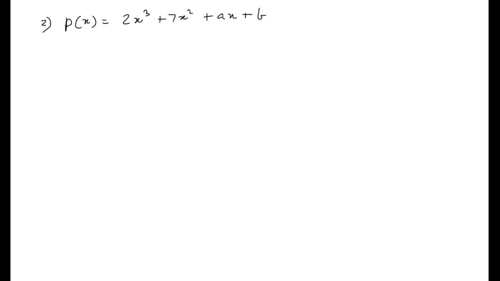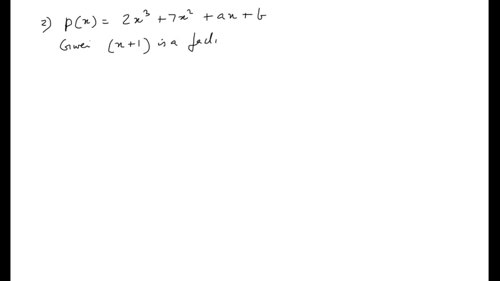The next question involves both the factor and the remainder theorems. So we are given P of x is equal to 2x cubed plus 7x squared plus ax plus b. Given x plus 1 is a factor.